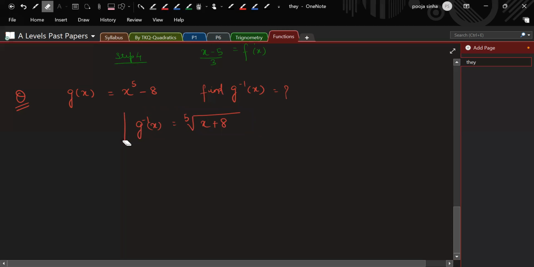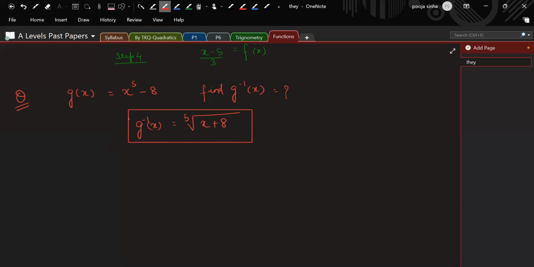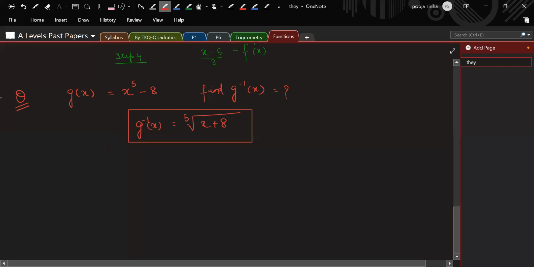Then I transposed 8 to the left hand side: y plus 8 is equal to x raised to the power 5. Then I transferred the 5 to the left hand side, making it a fifth root: fifth root of y plus 8 is equal to x. Then I swapped the values: fifth root of x plus 8 is equal to y. Then fifth root of x plus 8 is equal to g inverse of x.